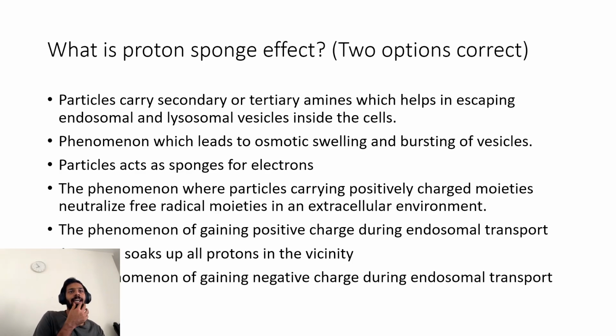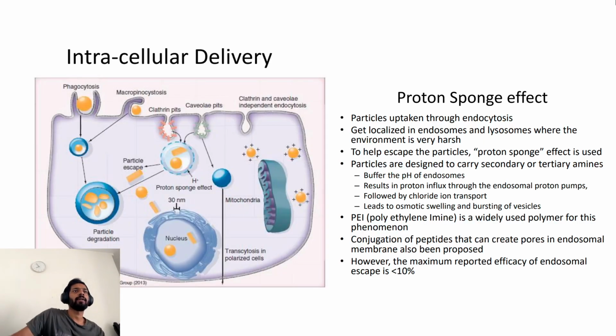So they're asking us what proton sponge effect is, and if we remember very briefly, it's basically relevant especially when you're delivering drugs to phagocytic cells, cells which have the ability to take up particles surrounding them. Think about cells like macrophages, dendritic cells.